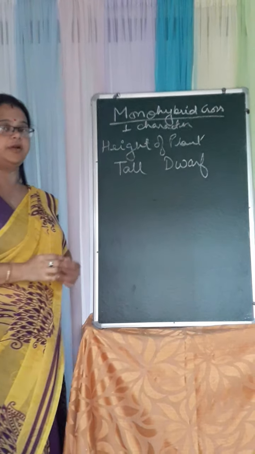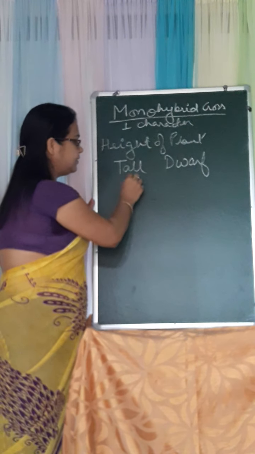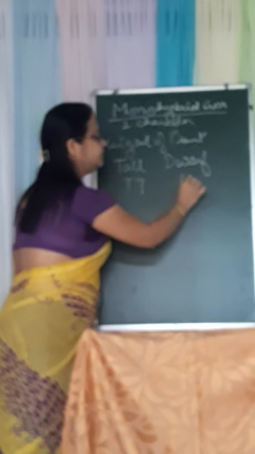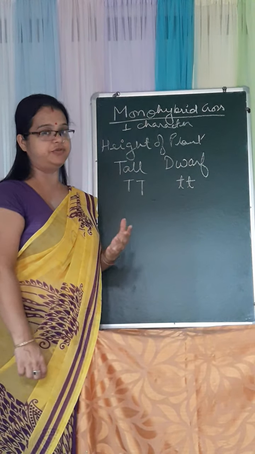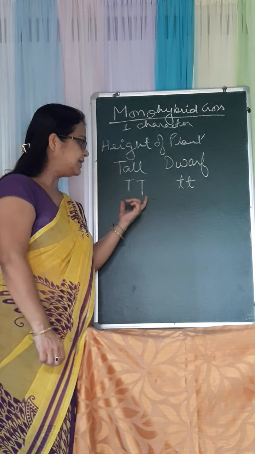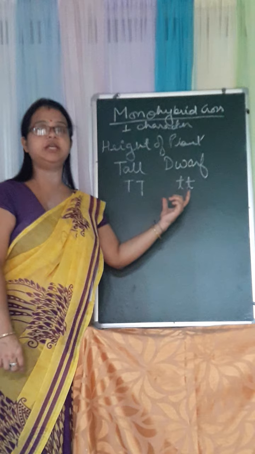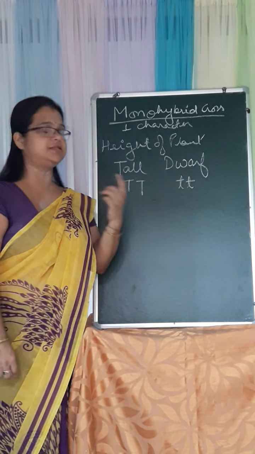Now for the tall plant we take capital T, and for the dwarf plant we take small t. Tall and dwarf are the phenotypes, that means the external appearance of the plant, and capital T, small t is the genotype, that means the genetic constitution.